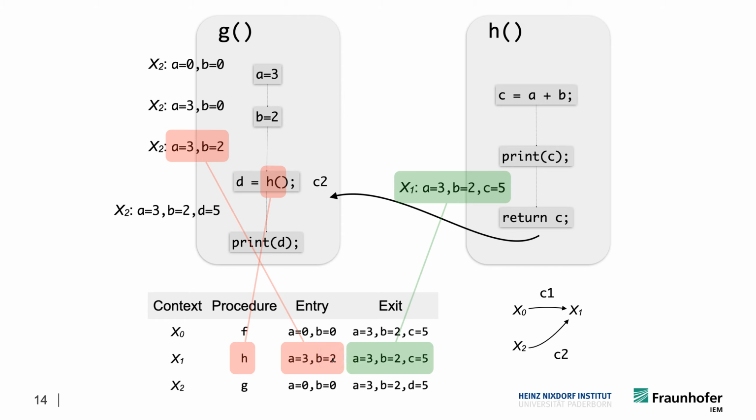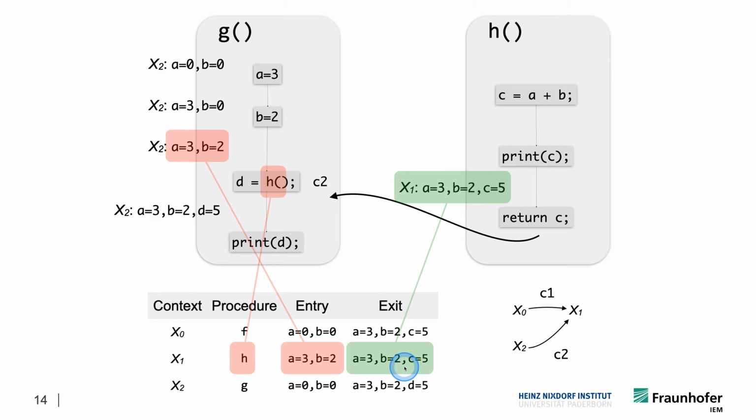And for this particular entry, we have already computed an exit value, so we can use the very same exit entry directly down here. We can simply copy that over. There's no additional computation required through H, because for the very same input environment, we have already computed that, and its result has been memorized here and can simply be reused.